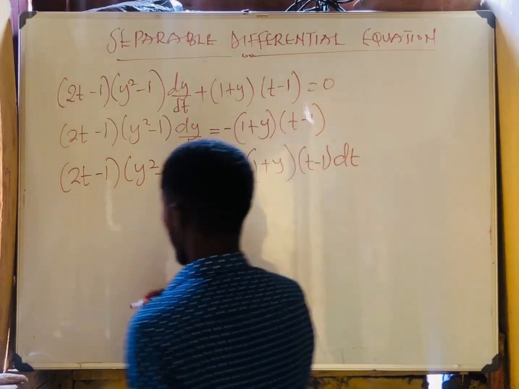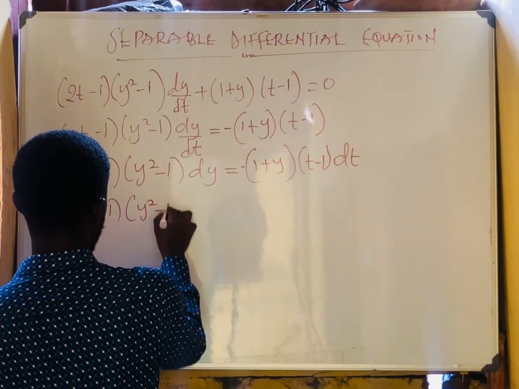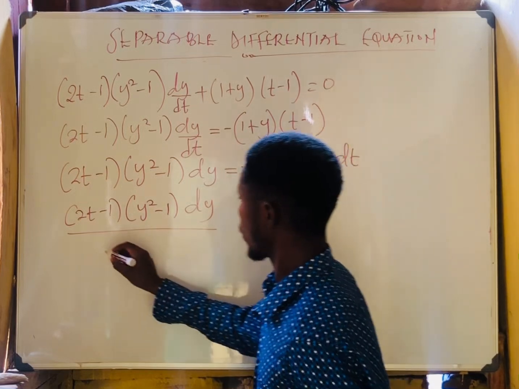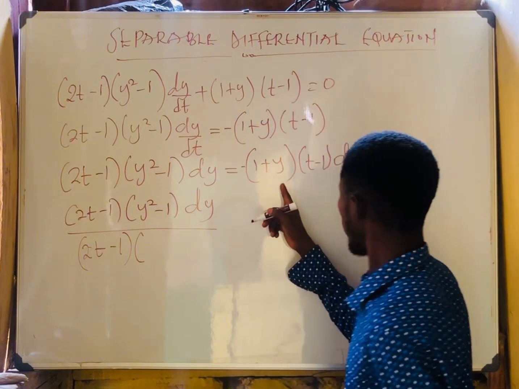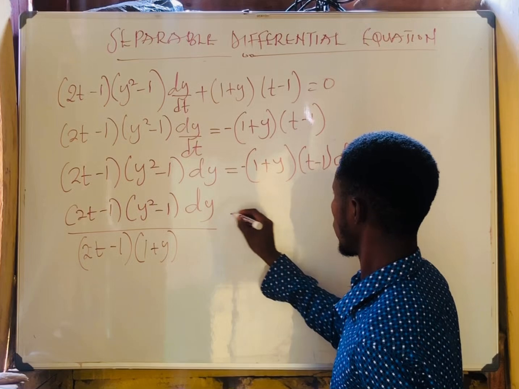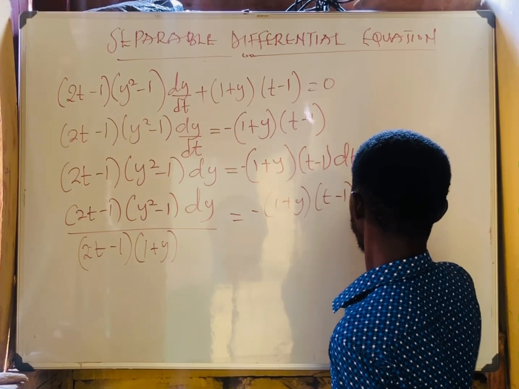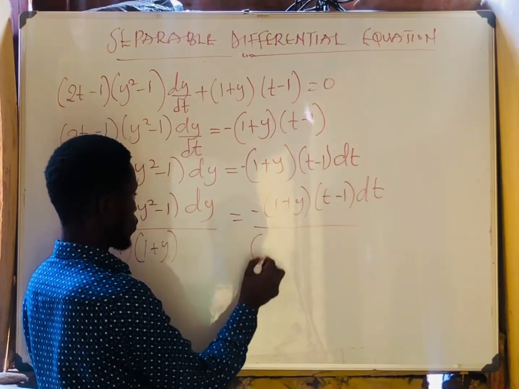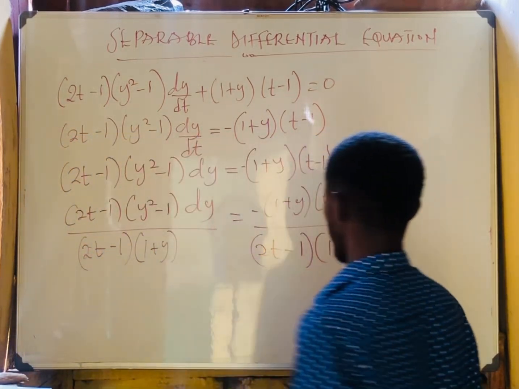So what I'm saying is that, let me repeat it, 2t minus 1 y squared minus 1 dy. So I'm going to divide here by 2t minus 1. Then here what I don't need here is 1 plus y. The same thing equals negative 1 plus y t minus 1 dt. So I'm going to also divide this side by the same thing. So I'm going to have 2t minus 1 times 1 plus y. Is that okay?